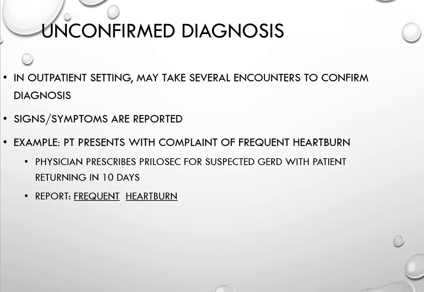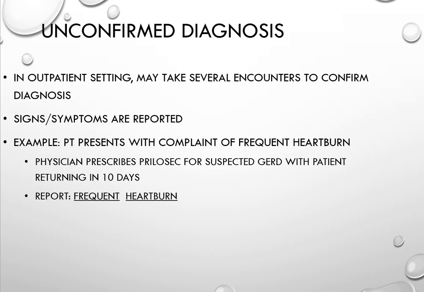Now, when it does take several visits for the physician to come up with a diagnosis, you will be using the signs and symptoms that occasioned that encounter. So if the physician doesn't know yet what the actual diagnosis is, then that first listed diagnosis is going to be a sign or a symptom.